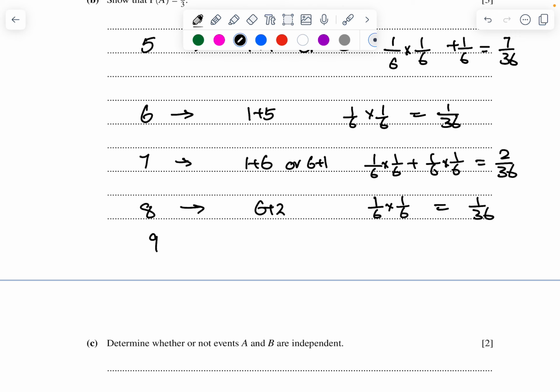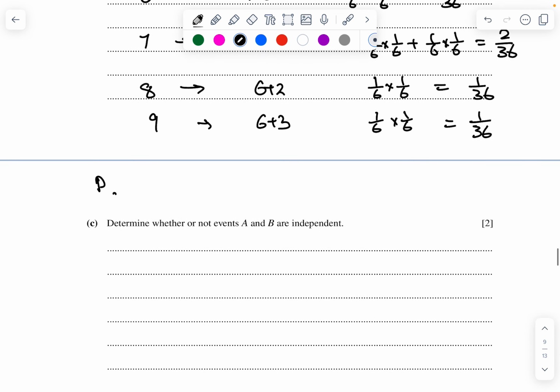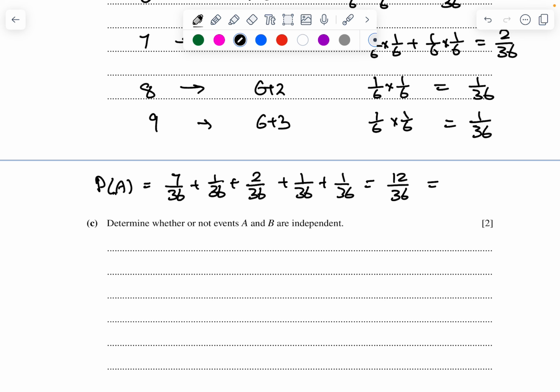Or he can get 9, which is 6 plus 3, 1 upon 36. So the probability of A is, adding them all, 7 upon 36 plus 1 upon 36 plus 2 upon 36 plus 1 upon 36 plus 1 upon 36, which is 12 upon 36, which is 1 upon 3.